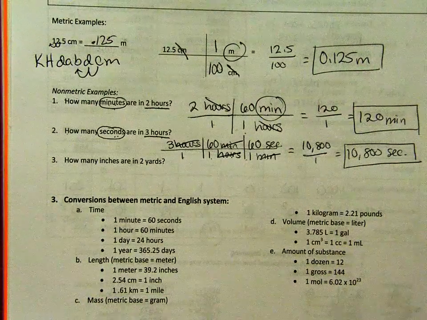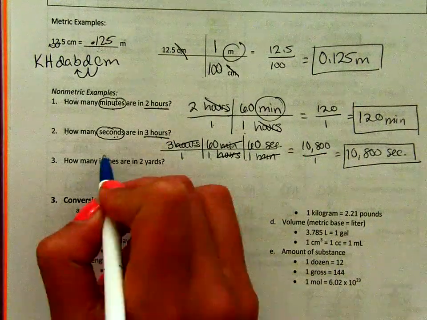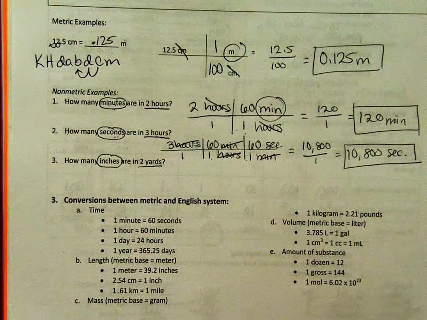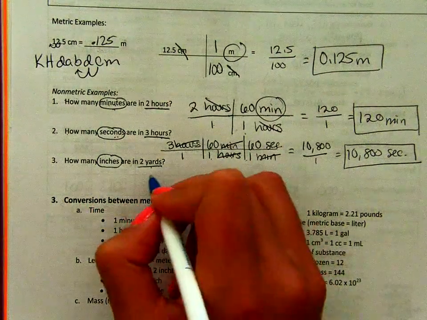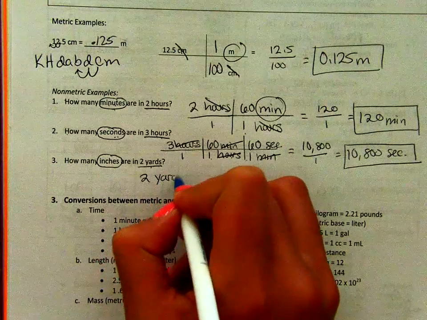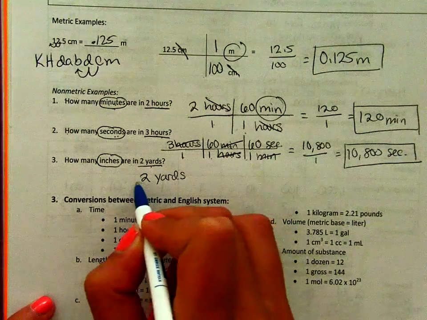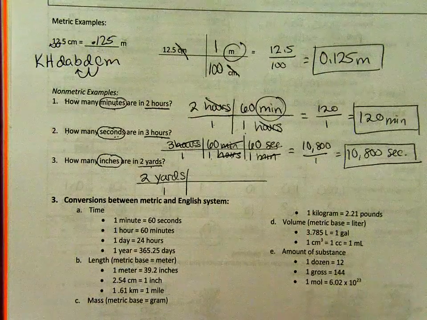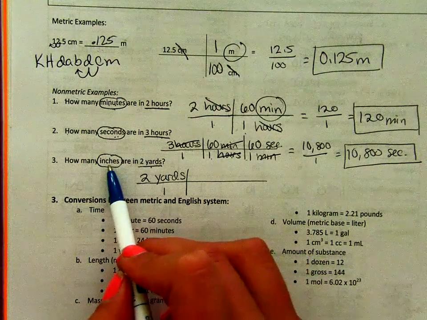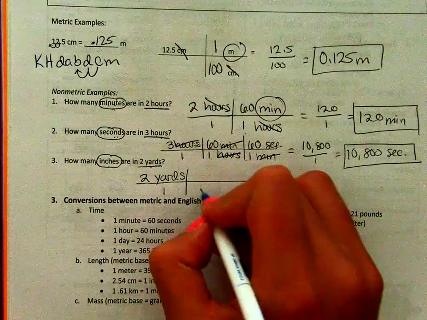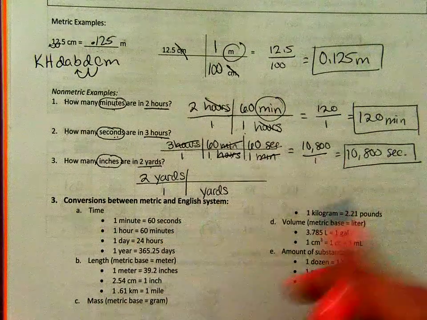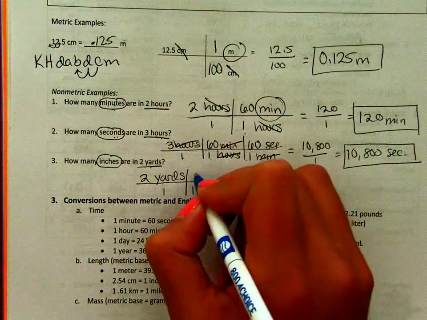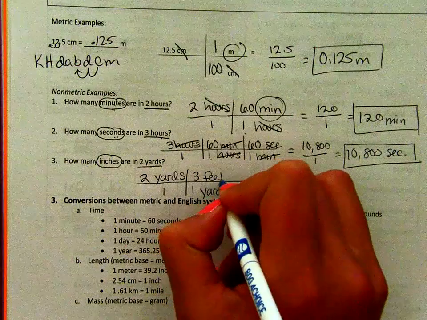Alright, let's practice one more. So how many inches, once again I'm looking for inches, are in 2 yards? Start with what I know, 2 yards. Put it over 1 and draw my line. I'm trying to get to inches. I'm going to bring my words down first, always. What do I know about a yard? Well, I know that in 1 yard, there are 3 feet.